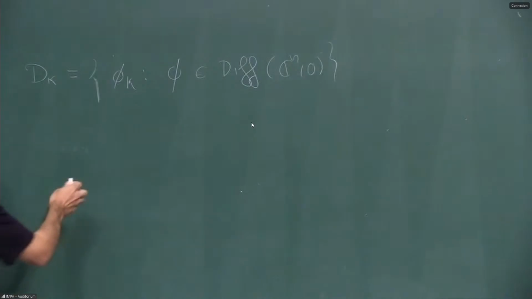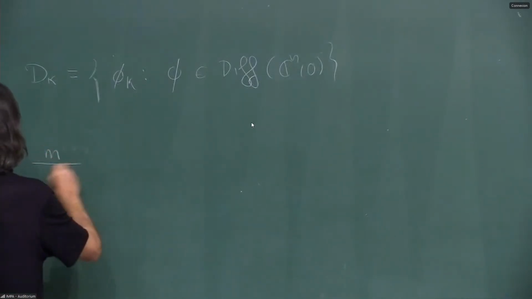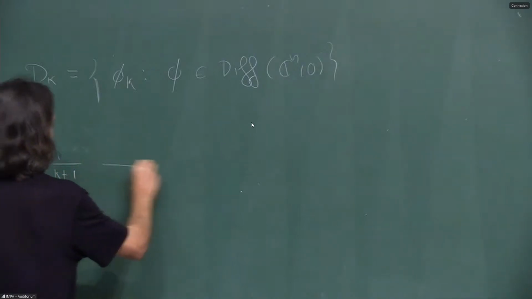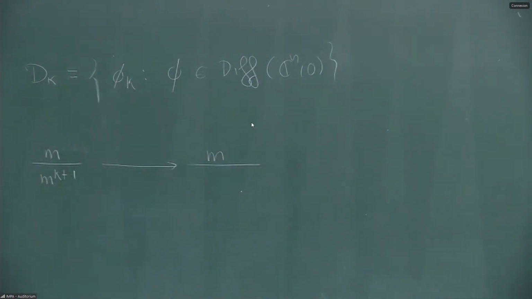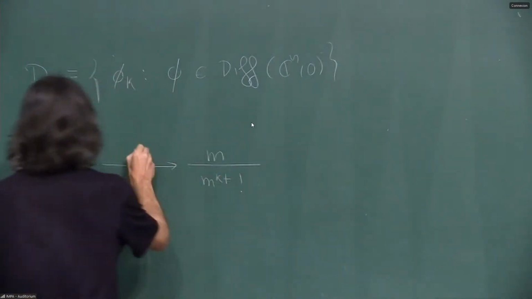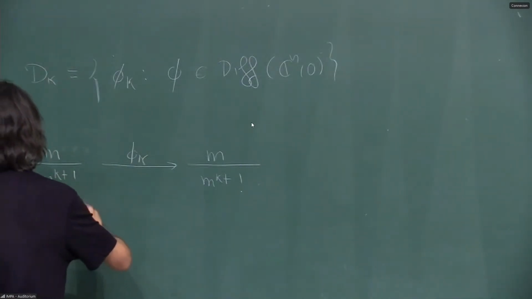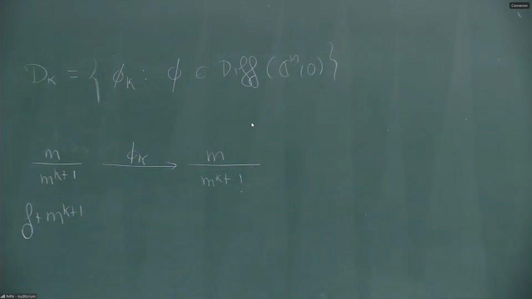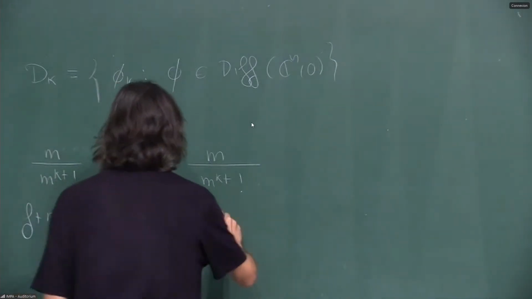And we were interpreting these k-jets as linear maps from the maximal ideal of the ring of formal power series over its (k+1)-th power into itself. This is the map that sends the class of a function, or a formal power series if you want to be more precise, to the class of the composition by phi.